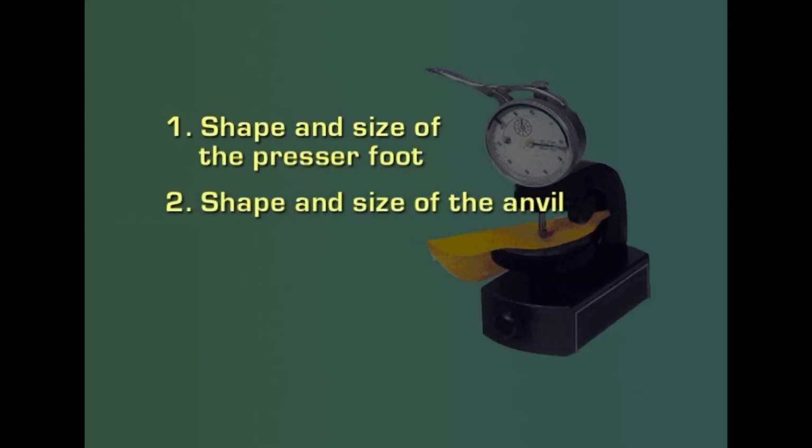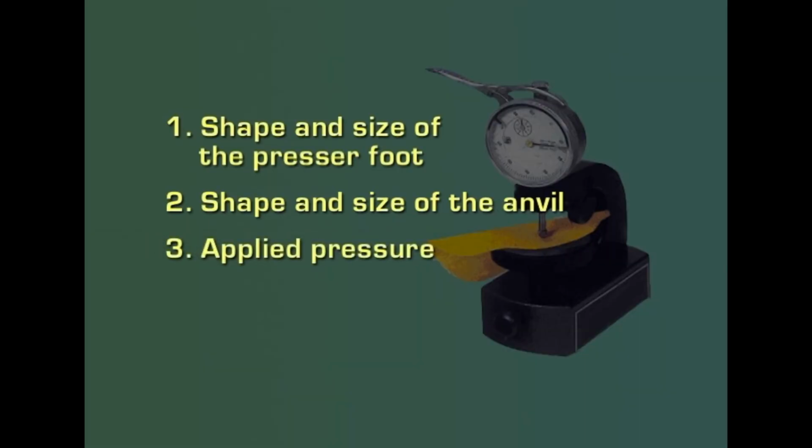Then the shape and size of the anvil. When a circular anvil is used, it should be at least 2 inches greater in diameter than the pressure foot. In addition, where the sample is larger than the anvil, it is convenient to surround the anvil with a suitable support, for example, a smooth plain board.